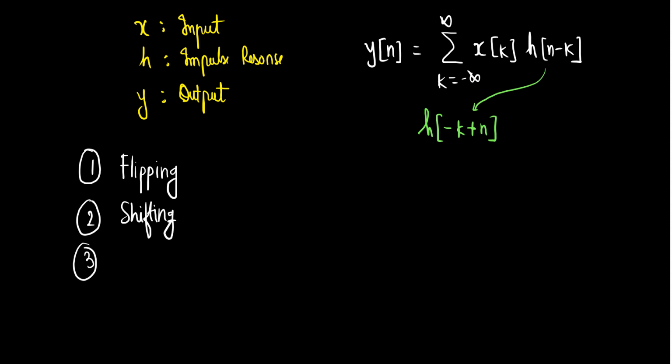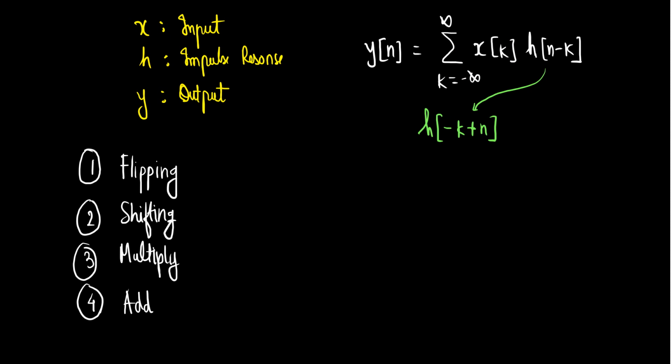Third is the multiplication, and the final thing that we are doing here is to add all of this. You can see here that h, treated as a function of k, is being flipped and shifted by an amount of n. So it is flipping, shifting, multiplying, and adding. That will result in what is called the convolution sum.